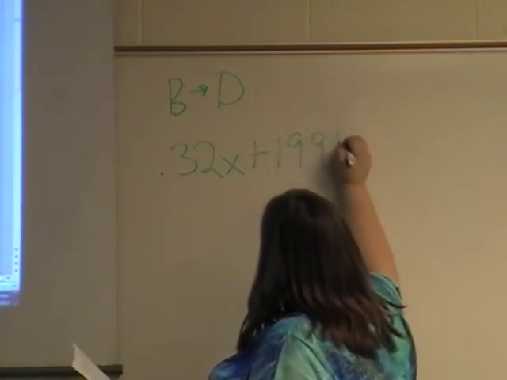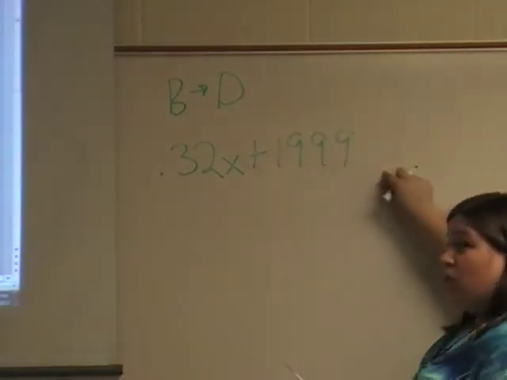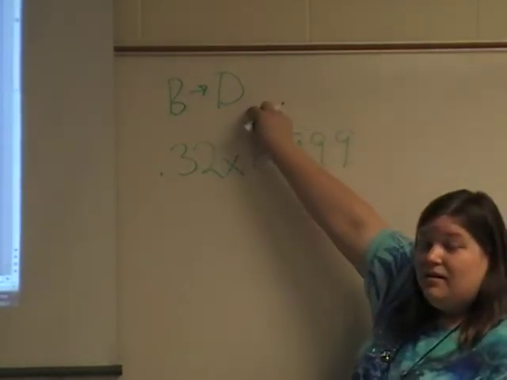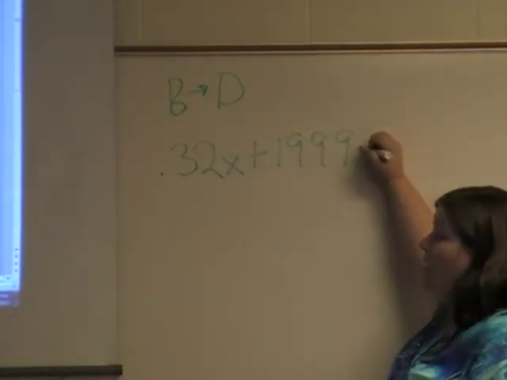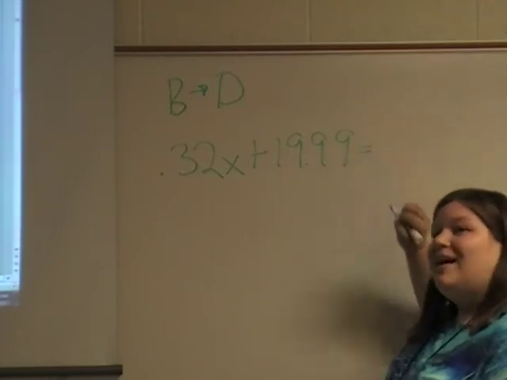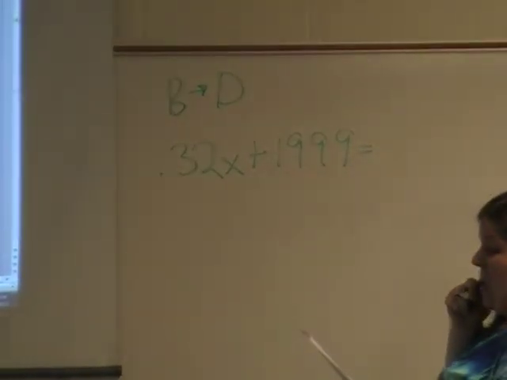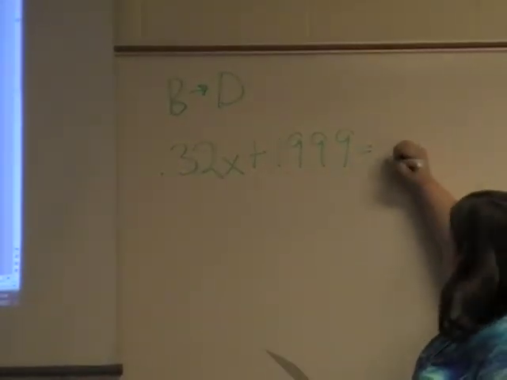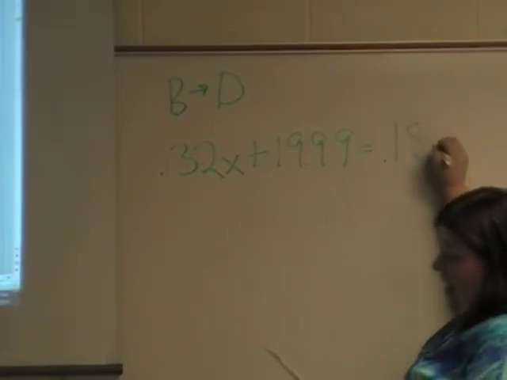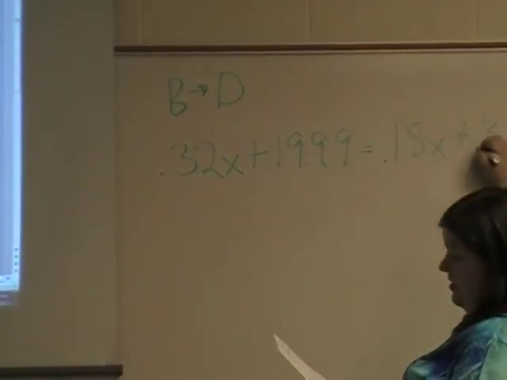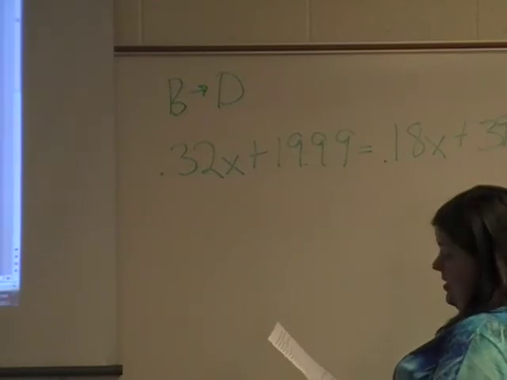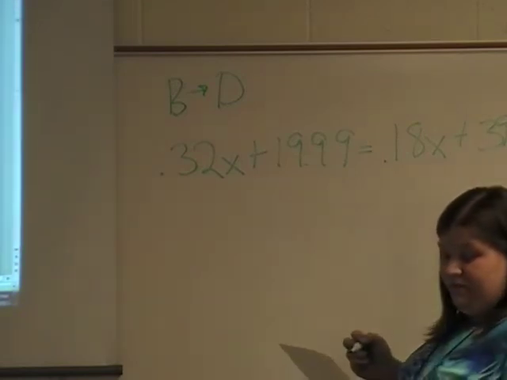And if we want to know when it's equal to diamond, we set the equations equal to each other. And that will tell us when they are the same. So we're going to put in the equation for diamond: 0.18x plus 39.99.